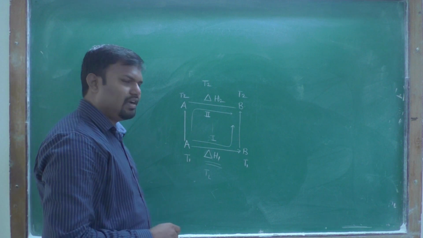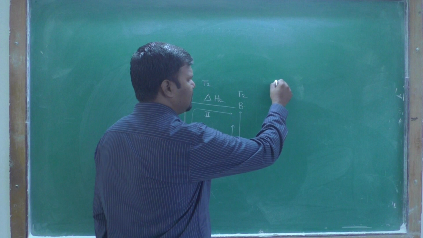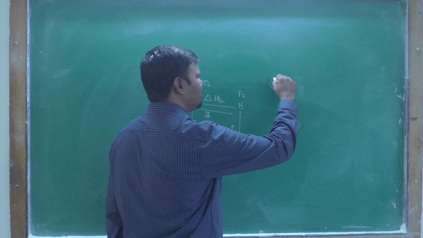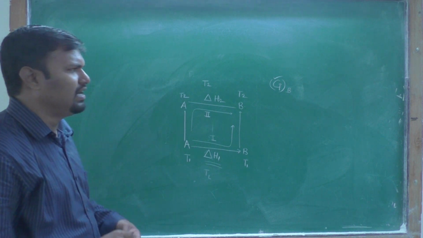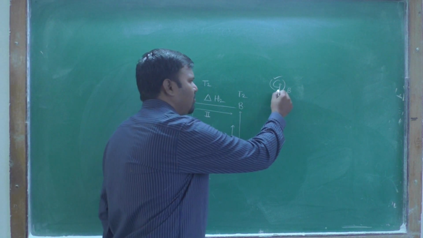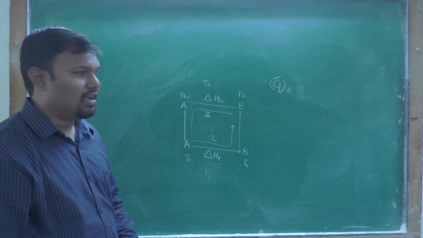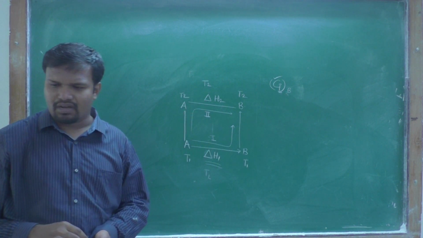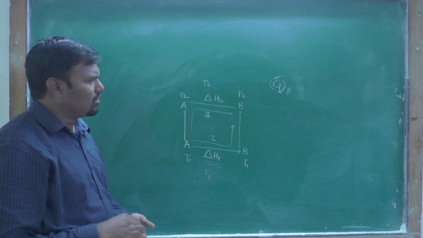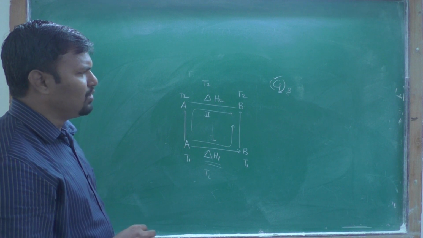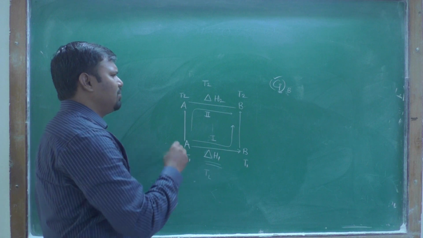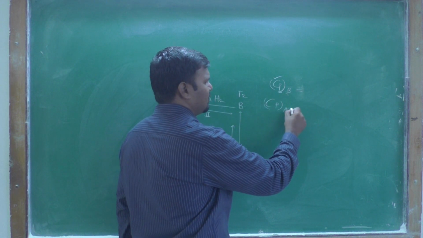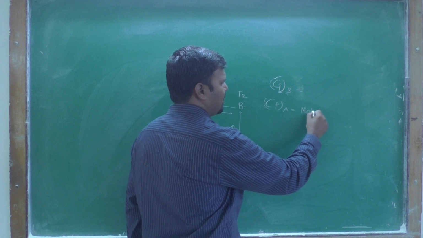The molar heat capacity for the product is considered as CPB, where P stands for constant pressure and B is for the product. The molar heat capacity for the reactant is CPA.